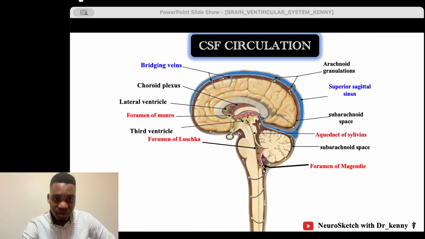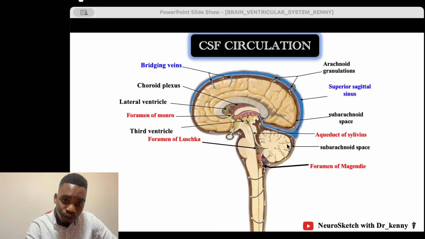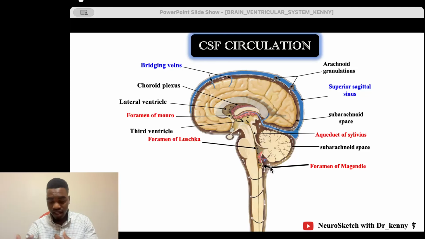And then from the posterior side, we have the foramen of Magendie. So the cerebrospinal fluid moves from the ventricles to the subarachnoid space through the foramen of Luschka, the lateral one, and the foramen of Magendie, the median one.